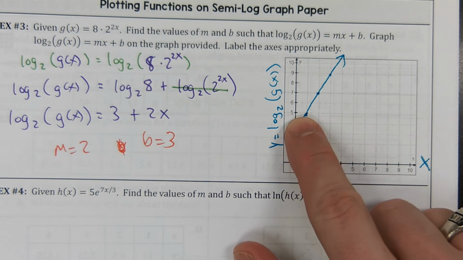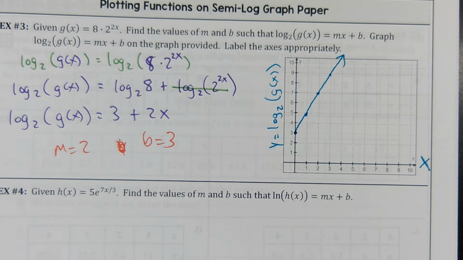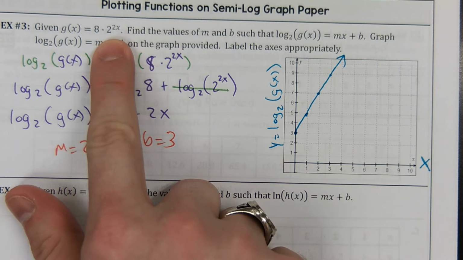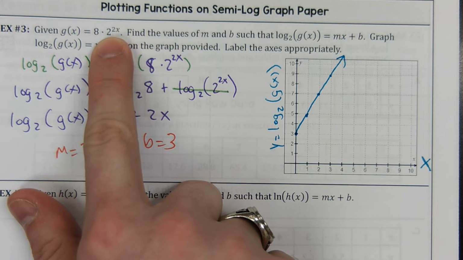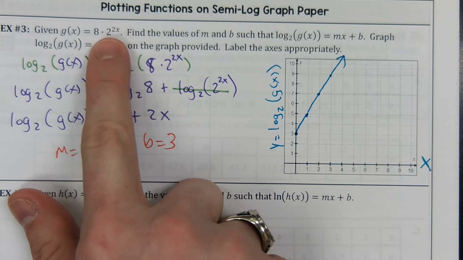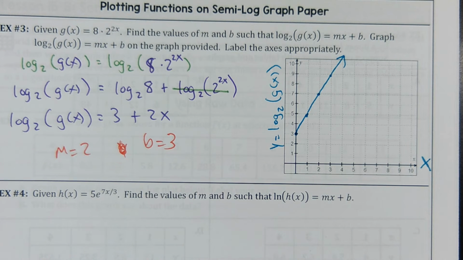That means if you have to go up by 2, you quadrupled your y value. Which should make sense because this says 2 to the 2x, which could have been read as 4 to the x. And that's why we're quadrupling every time we go up by 2.